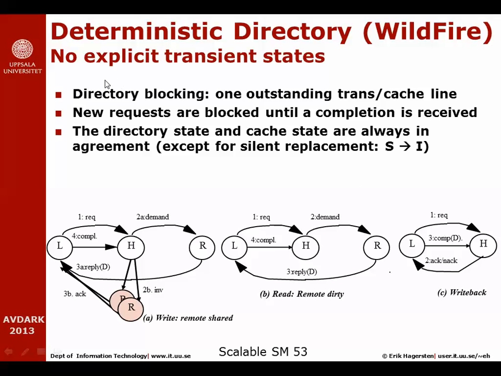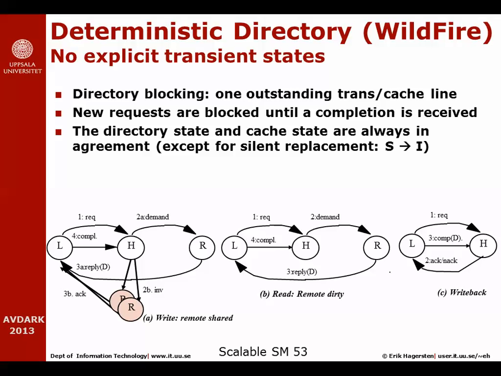We typically implement what's called silent replacement in cache coherence. If you're in state shared and you get replaced, you do not have to tell the directory that this replacement is taking place. Instead, you just make the state change from shared to invalid. Since the directory hasn't been notified, the directory will still believe that you have a shared copy of the cache line.